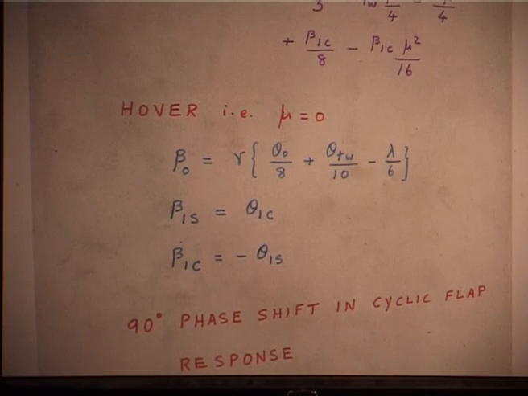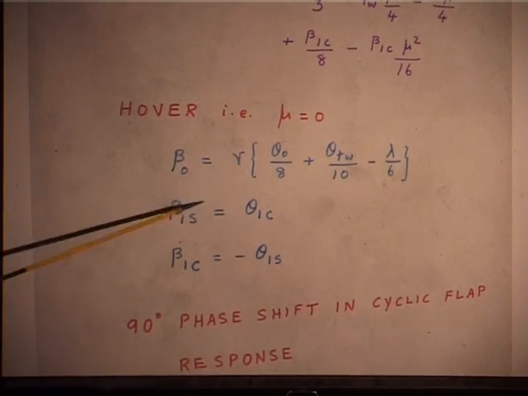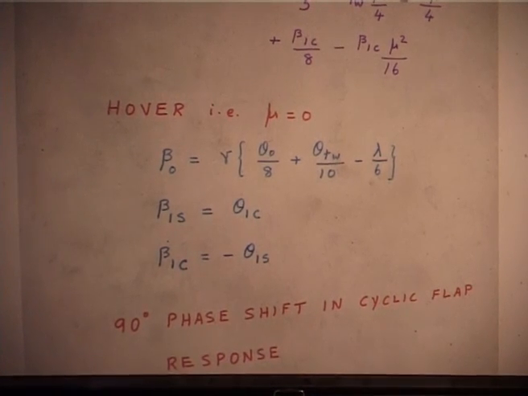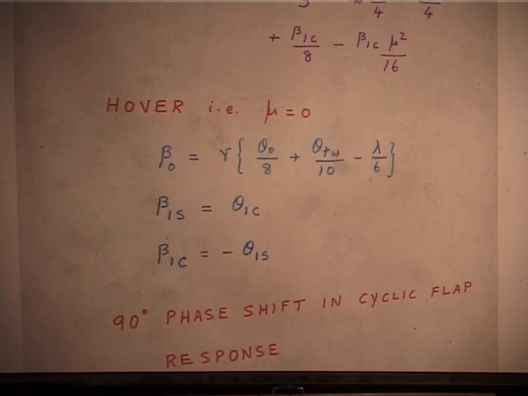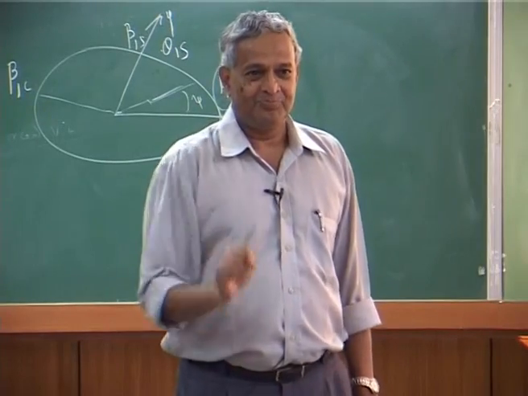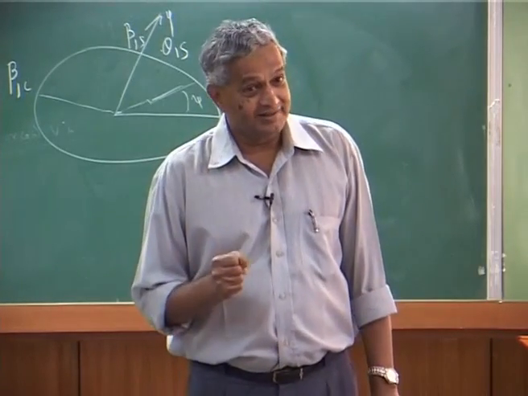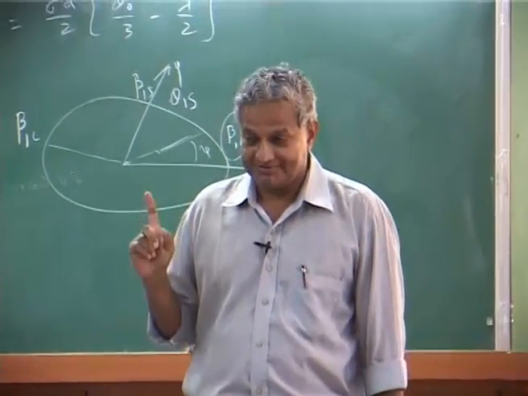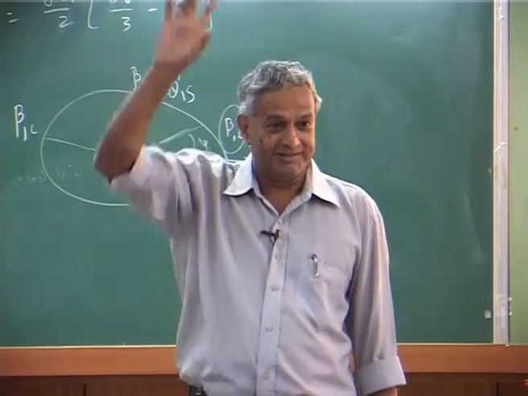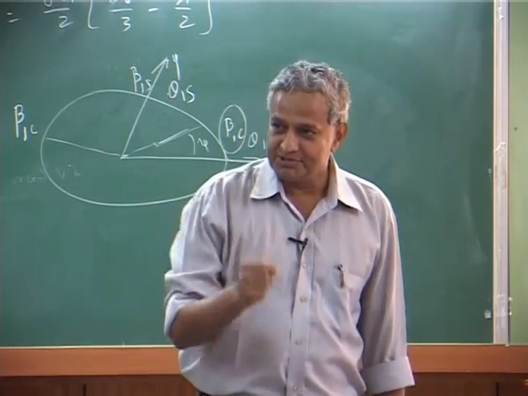And in forward flight, this is in hover condition only, please understand. Now, in forward flight will it be 90? No, it will not be 90, it will be different. But then, please understand, the pilot is having a stick in his hand, he will move the stick forward, but what he is doing is only giving a pitch input. He is not giving a flap response, he gives a pitch input.